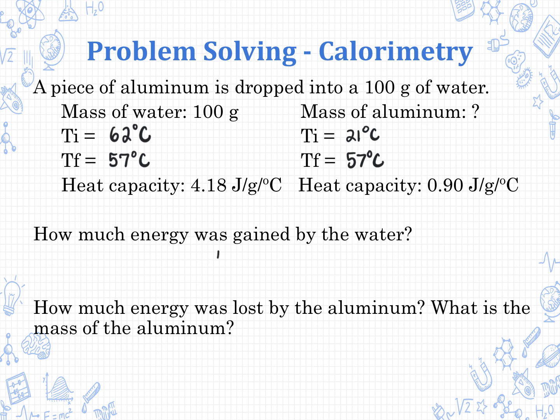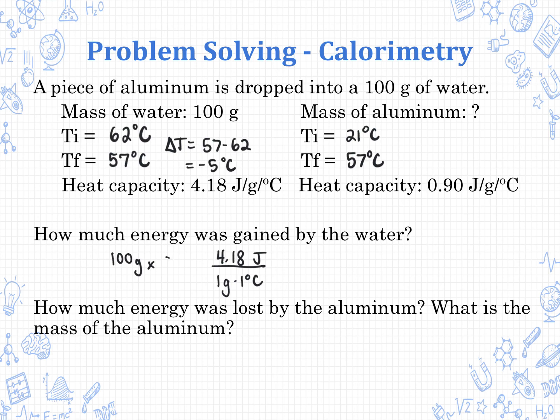Our relationship for water is that there's 4.18 joules for 1 gram of water to go up 1 degree Celsius, but in this case we had 100 times as many grams, and the temperature change was 57 minus 62, which is -5 degrees Celsius.